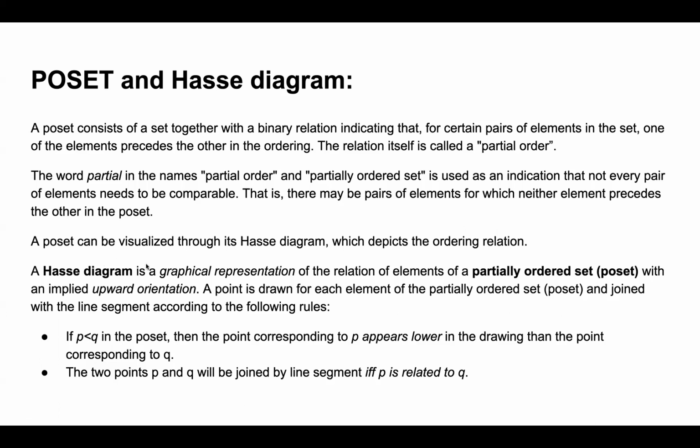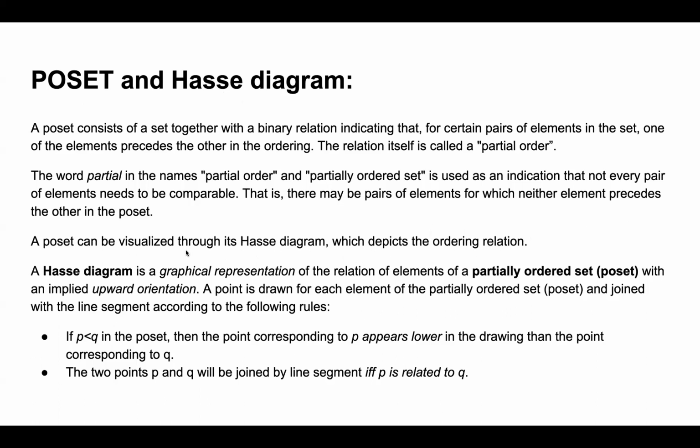Okay, a poset can be visualized with its Hasse diagram, which depicts the ordering relation. These partially ordered sets we can depict with the help of a diagram, and that diagram will be known as a Hasse diagram.